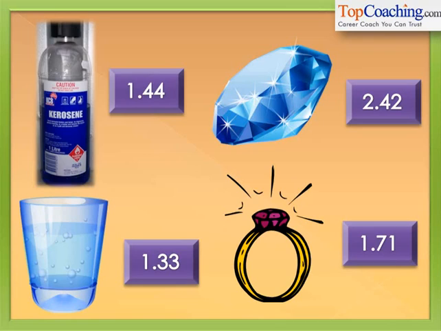Of course, you needn't remember the values of these refractive indices, but I'm just giving you an idea of how refractive indices generally are. Generally, they are 1 point something or 2 point something, and they are always greater than 1 because the refractive index of vacuum is 1. The refractive index of air is also generally taken to be 1.